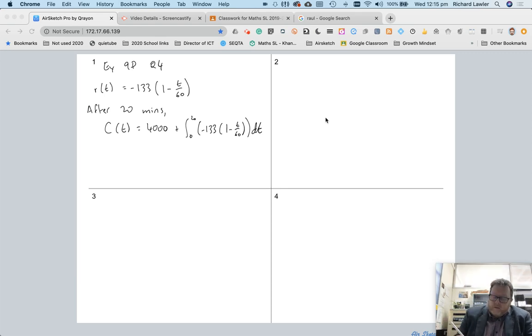So then we will move on, and I'm going to take out the constant value to make it a bit tidier. So now that I'm taking the constant out, it's going to be minus 133 multiplied by the integral between 0 and 20 of 1 minus t over 60 with respect to t. So that's fine.